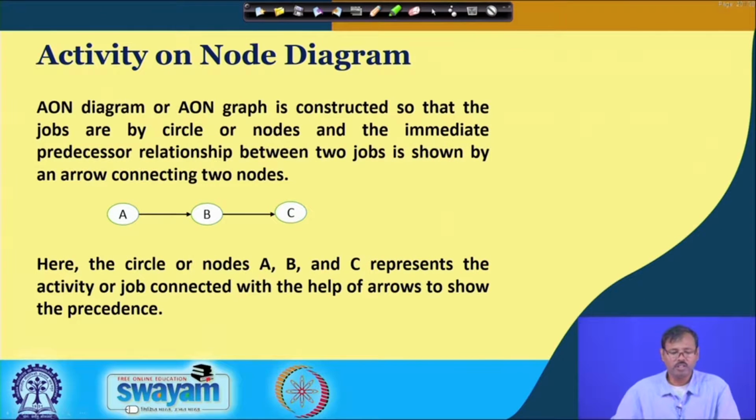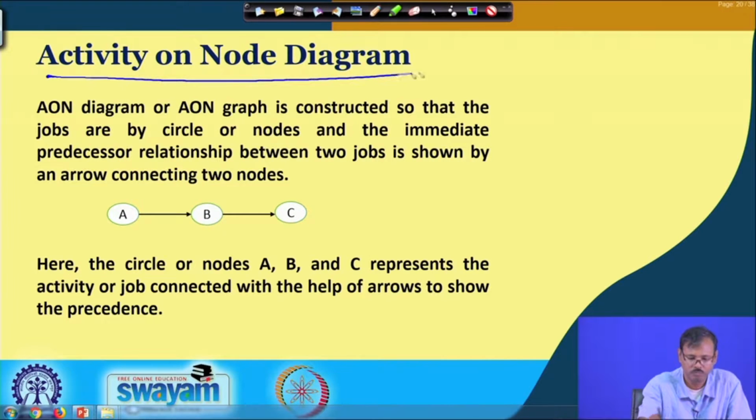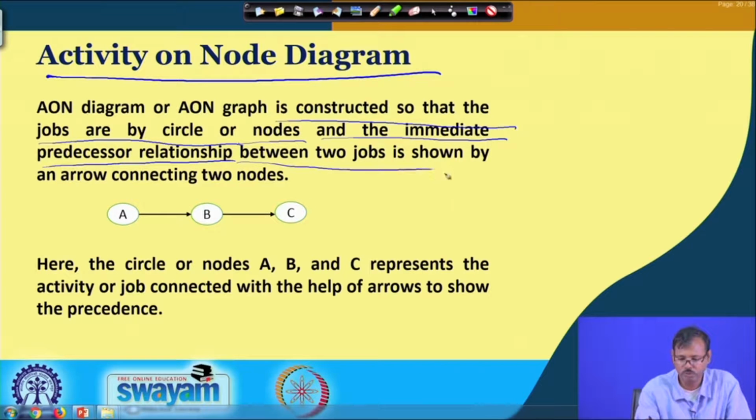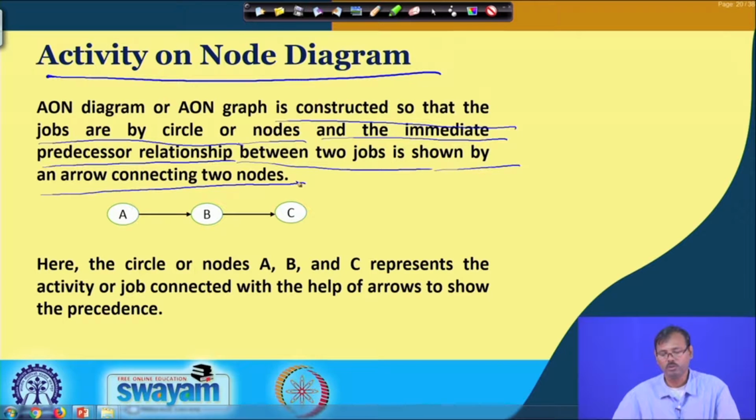The activity on node diagram is constructed so that the jobs are mentioned in the node, and the immediate predecessor relationship between two jobs is shown by an arrow connecting two nodes.